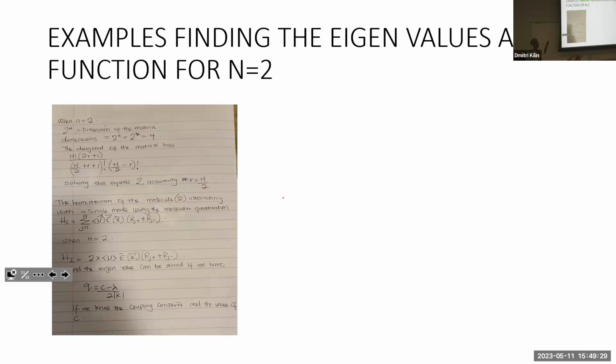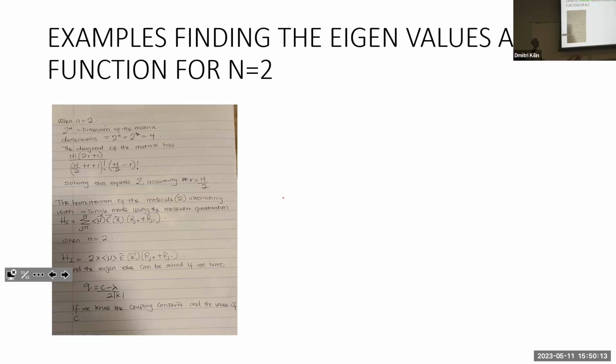We can solve for the elements in the diagonals using the formula I explained earlier. From that, we assume there are just two blocks in the diagonal, based on the formula, assuming R equals N over 2. For the Hamiltonian of the molecule interacting with a single mode, I used the molecular quantization explained by Tavis, with the summation from J equals 1 to 2, and I came up with this, the dipole moment for the system's electric field.